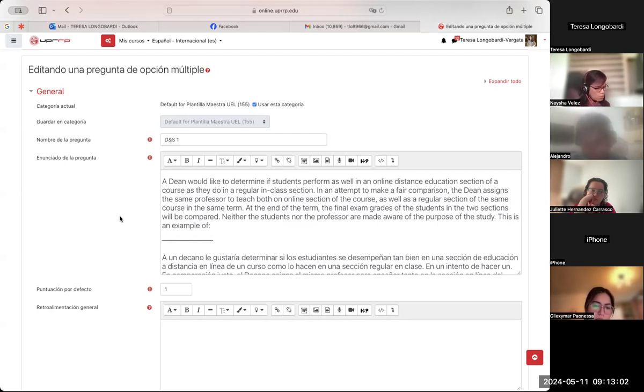Students sign up to take this course, but then they split them. They label all the students that sign up and randomize them into online or in-person with a random number generator. There's none of that here.